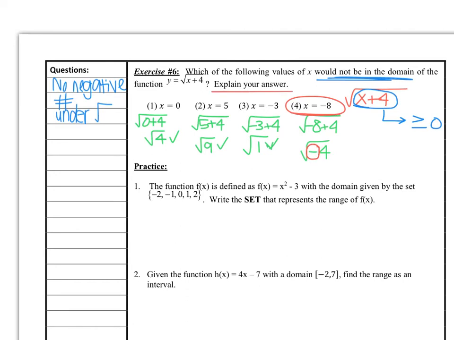We have to explain our answer, so we're just going to say exactly that: if x equals negative 8 is plugged in, we get the square root of a negative number, so x equals negative 8 is not in the domain.